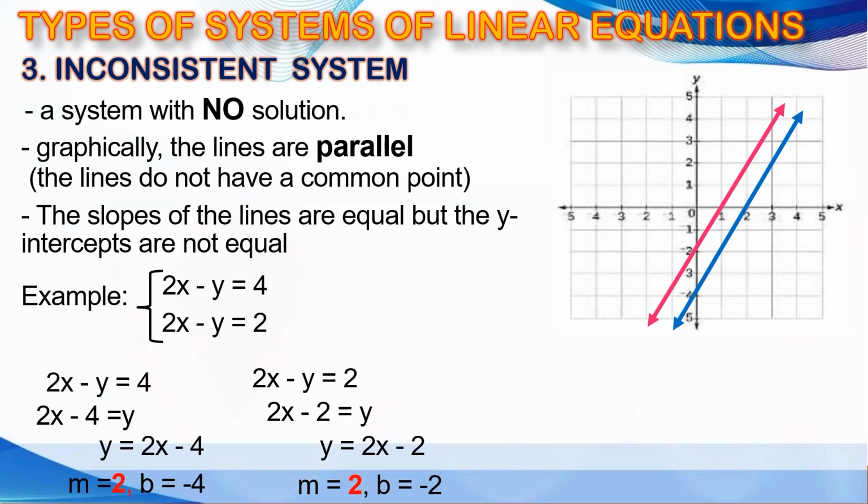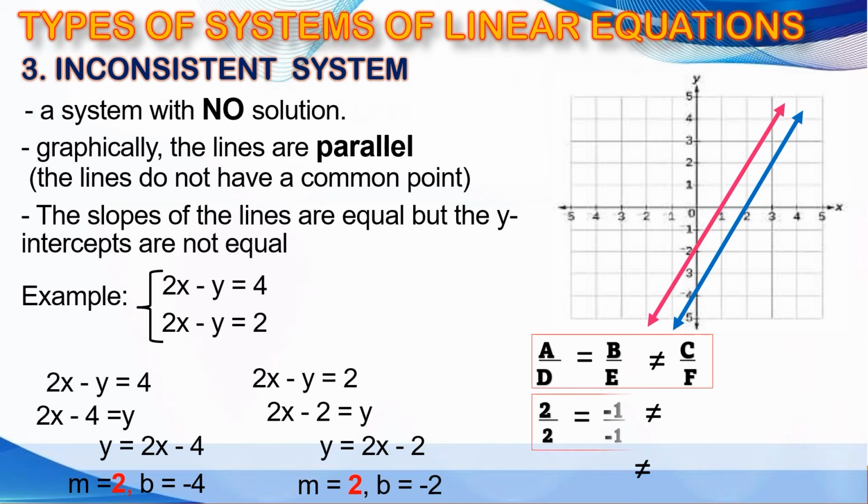And using the standard form of the linear equations, we're going to get the ratio of the variables and the constants of the given equations. So A over D must be equal to B over E, and B over E must not be equal to C over F. So A is 2, B is negative 1, C is 4. For the second equation, D is 2, E is negative 1, and F is equal to 2.